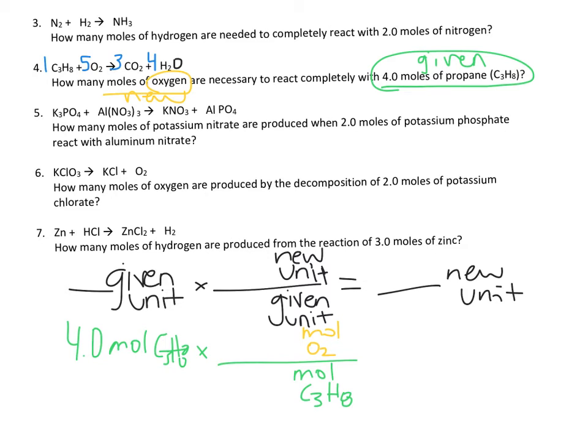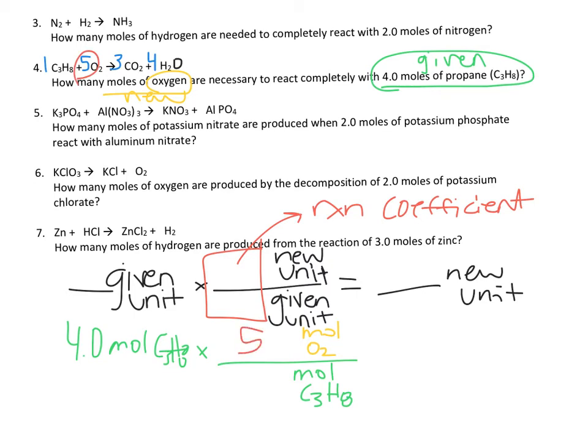And remember, the numbers that go in the fraction come from the chemical reaction, the reaction coefficients, those big numbers out front that we use to balance the equation. For oxygen, it's 5, so 5 goes on top with the moles of oxygen. And for C3H8, it's 1, so 1 goes on the bottom.